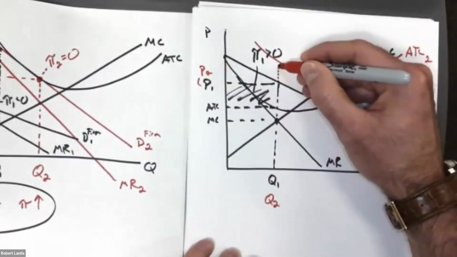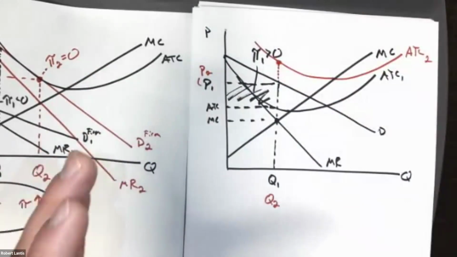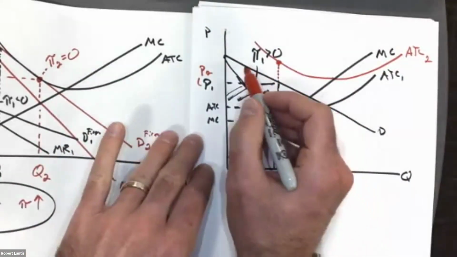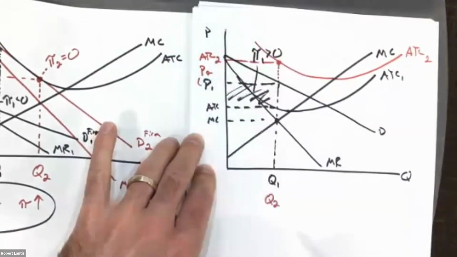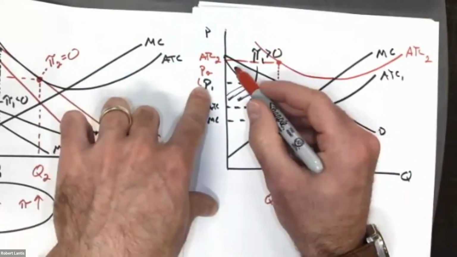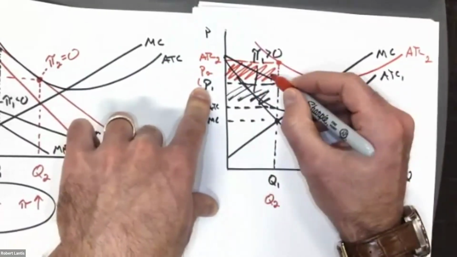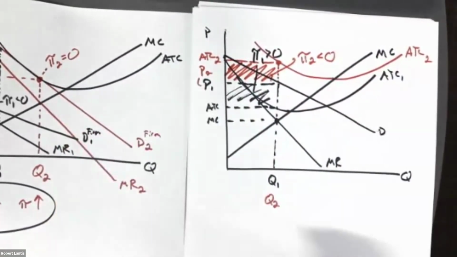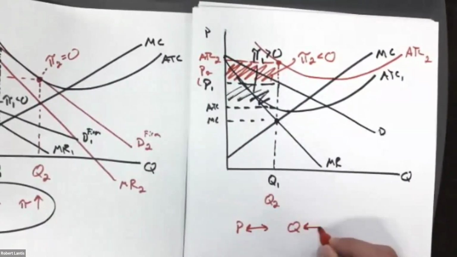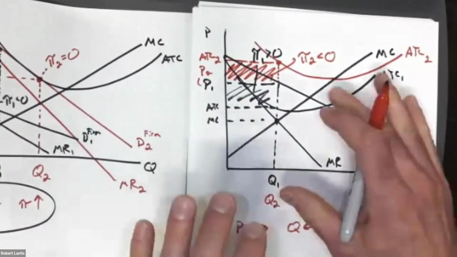But if I've increased my fixed cost, this huge amount of money spent on advertising, notice what is now true in this second scenario. Now price is below average total costs. And what has the firm done? They've now created negative profits. So price could stay the same. Quantity could stay the same.